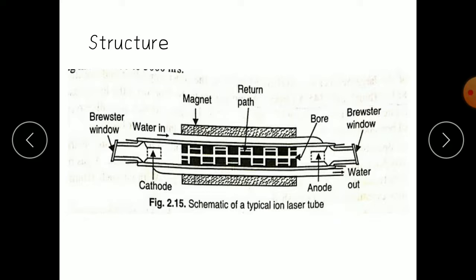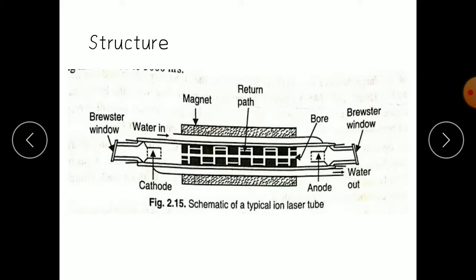This structure consists of a tube. This is a ceramic tube which is surrounded by water coolant, and these are the two electrodes. This is a cathode, and this is an anode. They provide the electrical discharge for argon gas, which causes ionization of the argon gas. This is a magnet. It circulates around this tube to restrict argon ions to this region.